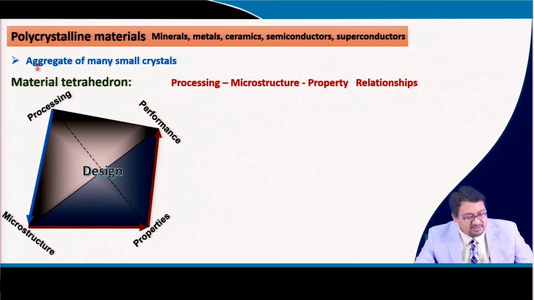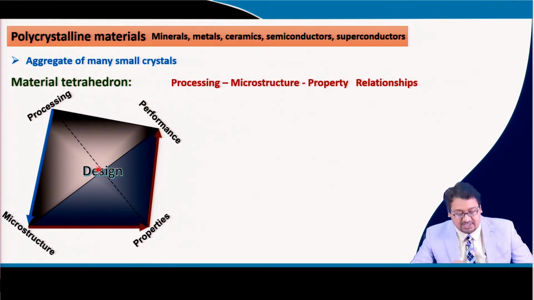The processing methodologies such as solidification, phase transformation, plastic deformation or recrystallization techniques are used to design and develop a desired microstructure, which should include the information of the crystallographic orientation, which is basically known as texture or crystallographic texture.